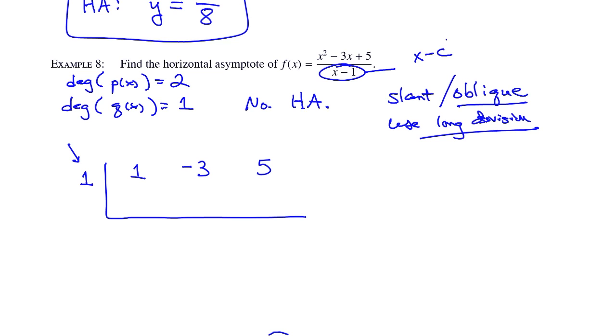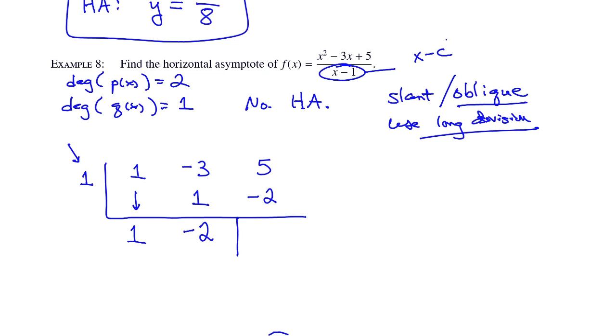1, -3, and 5. Synthetically divide, bring down the 1. 1 times 1 is 1. -3 plus 1 is -2. 1 times -2 is -2.